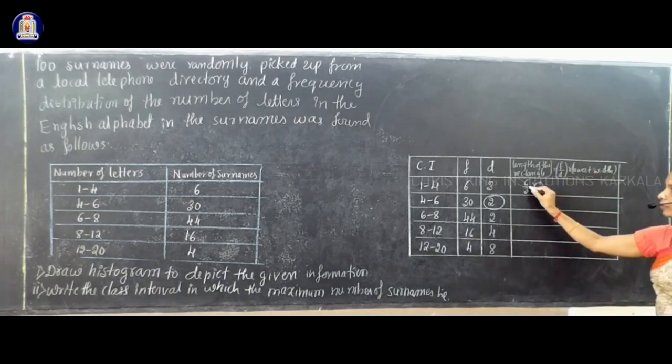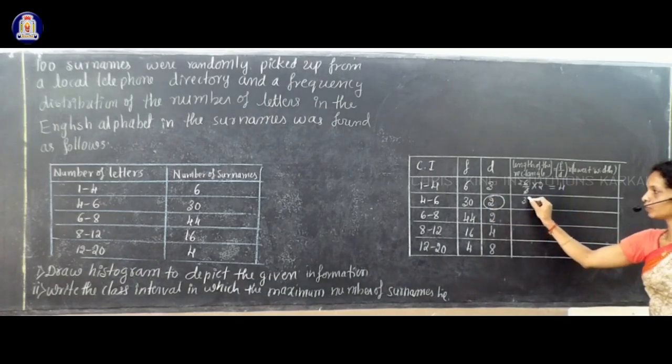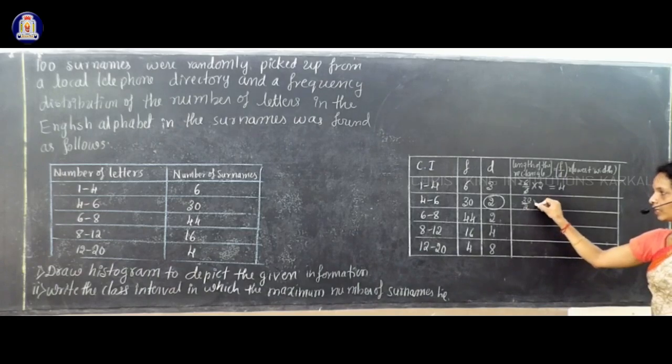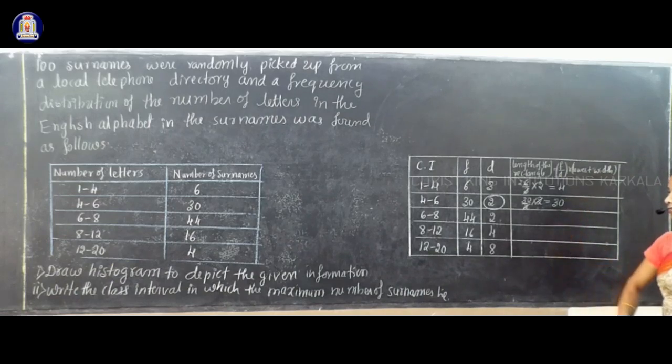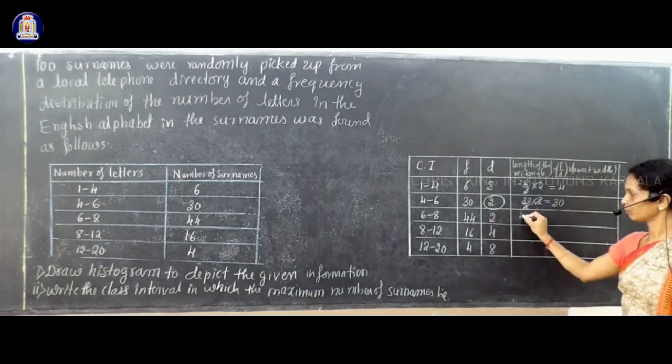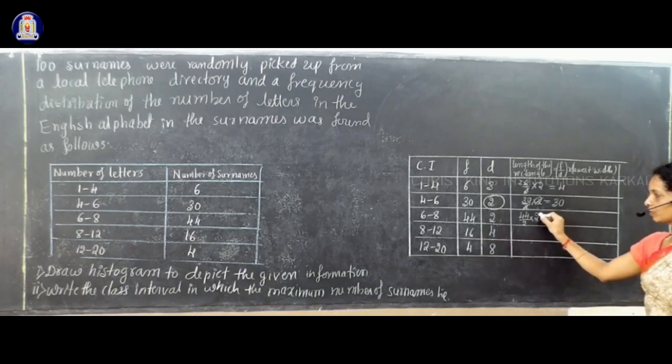And here, 3 twos are 6, times 2, that is 4. And here F by D: F is 30 divided by D, which is 2, into the lowest width, that is 2. The 2s cancel, so that is equal to 30. Next, F by D: 44 divided by 2 into the lowest width, 2 cancels, that is 44.